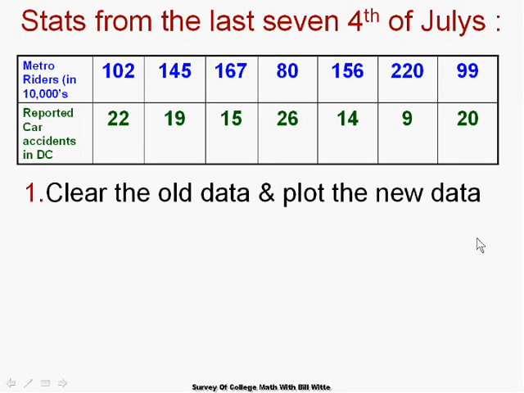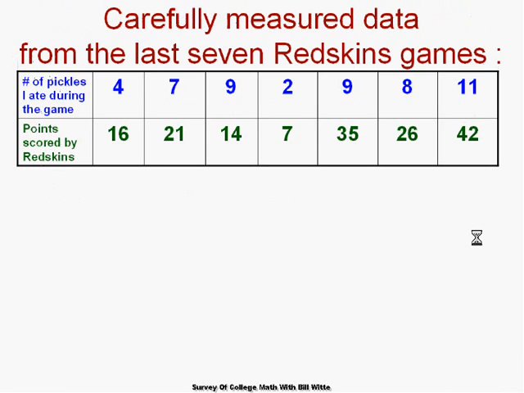Okay, we learn by doing, so let's practice one very last one. Don't fall asleep on me. Here we go. This is data from the last 7 Redskin games. Now I like to eat pickles during my Redskin game. And I've measured exactly how many pickles I ate during each Redskin game and the points that the Redskins scored that whole game.